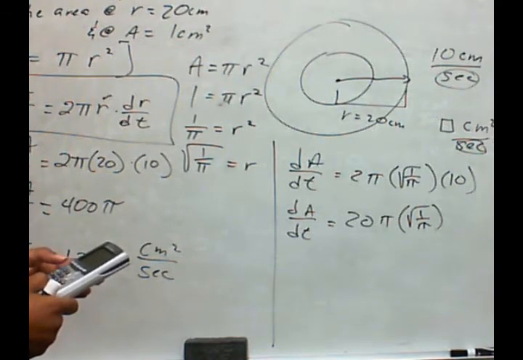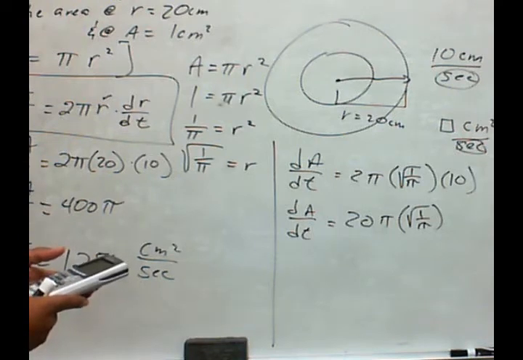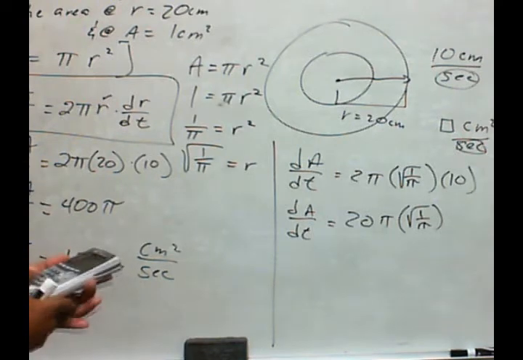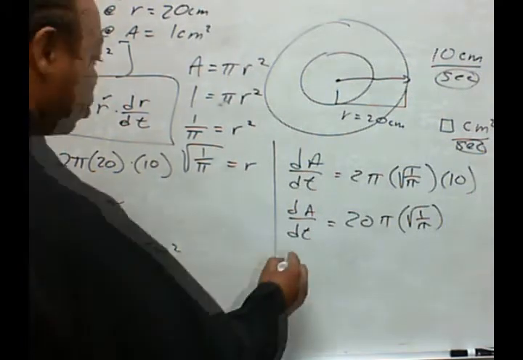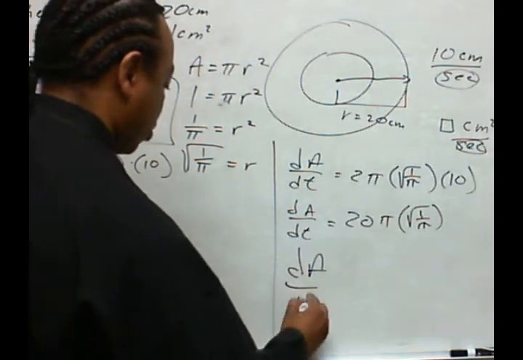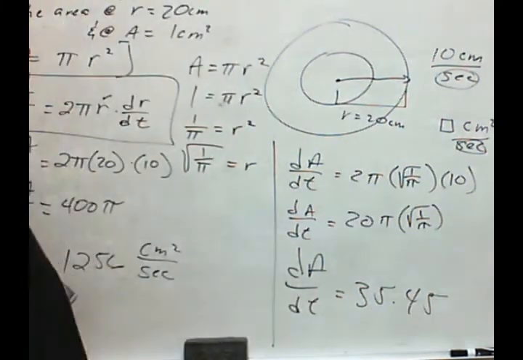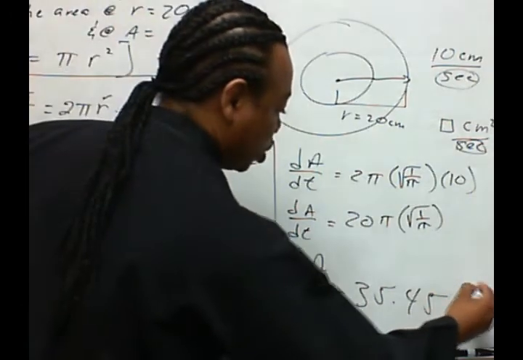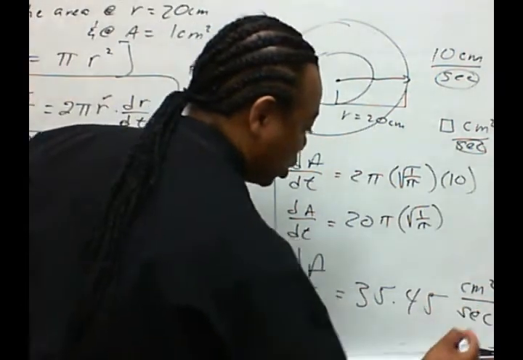And I'll raise all that to the half power. Okay, and I get 35.45. Again, this is area, so it's centimeters squared, and that's per time, which is measured right now in seconds.